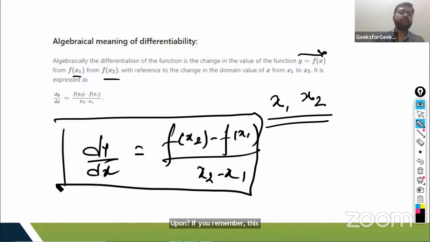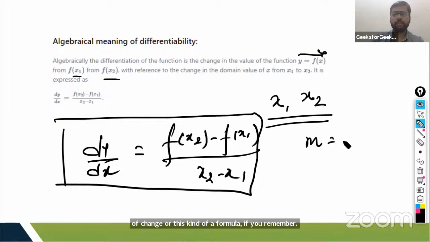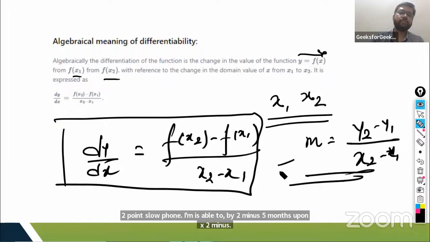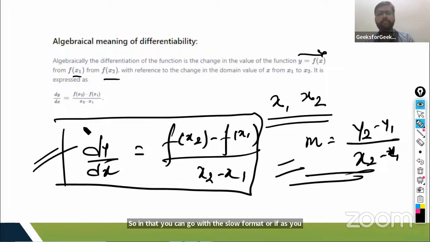This is the formula for the rate of change, just like the two-point slope form, m = (y2 - y1) upon (x2 - x1). So either you can go with the slope format or the differentiability format. Both are the same thing.